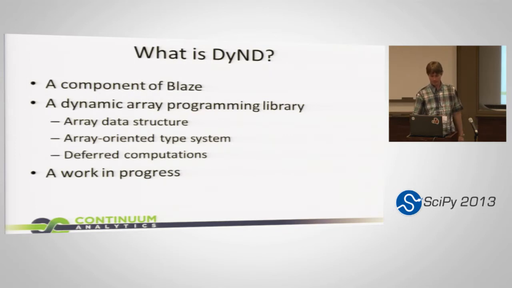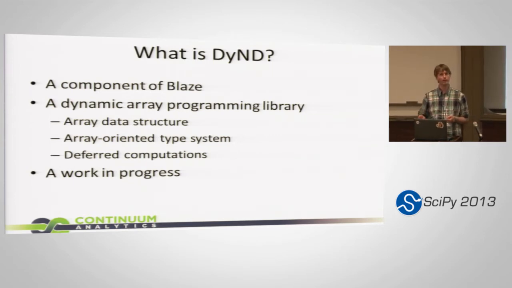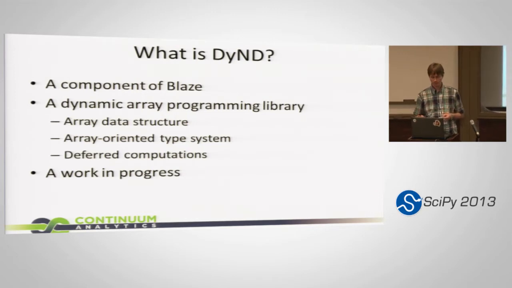So what is DyND? It's a component of the Blaze project, which is a fairly large-scale project we're developing at Continuum. It's a dynamic programming library, so that means there's an array data structure. It's got an array-oriented type system.